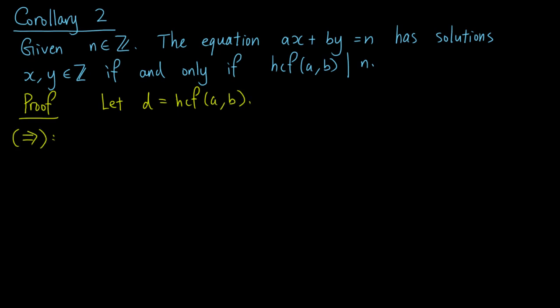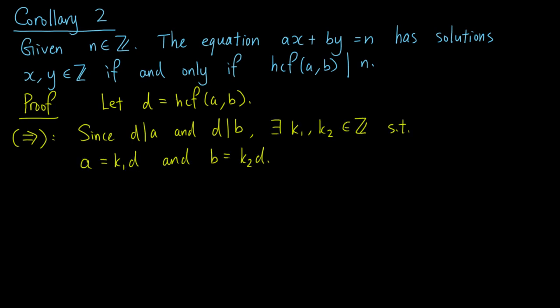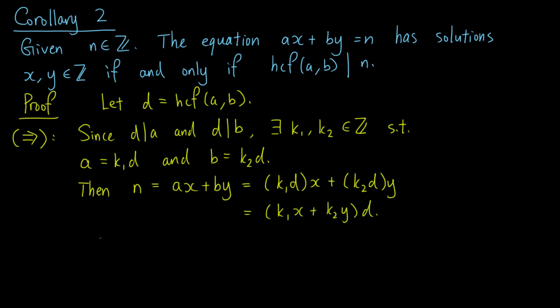For the only if direction, since D divides A and D divides B, we can write A equals k1 times D and B equals k2 times D for some integers k1 and k2. Then, n equals ax plus by, which equals k1 times D times x plus k2 times D times y, which equals k1 times x plus k2 times y, times D. This means that D divides n.